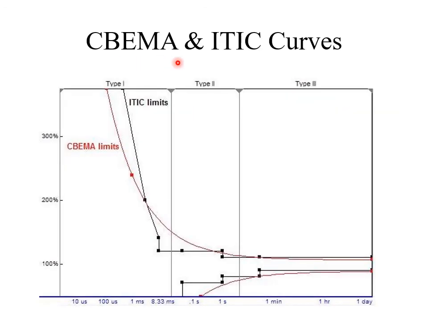So this is the comparison of both CBEMA and ITIC curve. Okay, so you see the modifications done in ITIC. CBEMA is a normal smooth curve, but in ITIC it is specified at certain points. All right, and you see the region above the upper limit is called the prohibited region. You should not operate in this region.